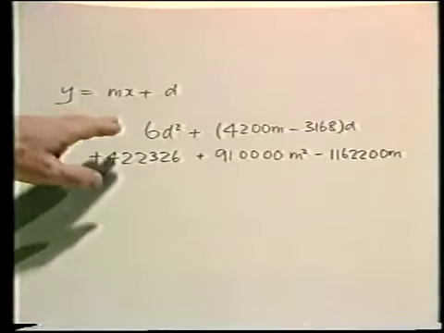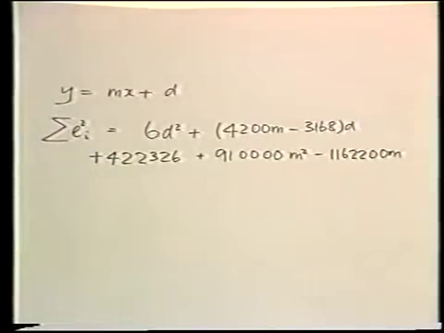We can see why all those lines pass through the same point by thinking about another of the problems you did before the program. You wrote the total error function as a quadratic in d, and this is what you got. Well, you then found the value of d which made this a minimum, regarding m as fixed. And what did you get?